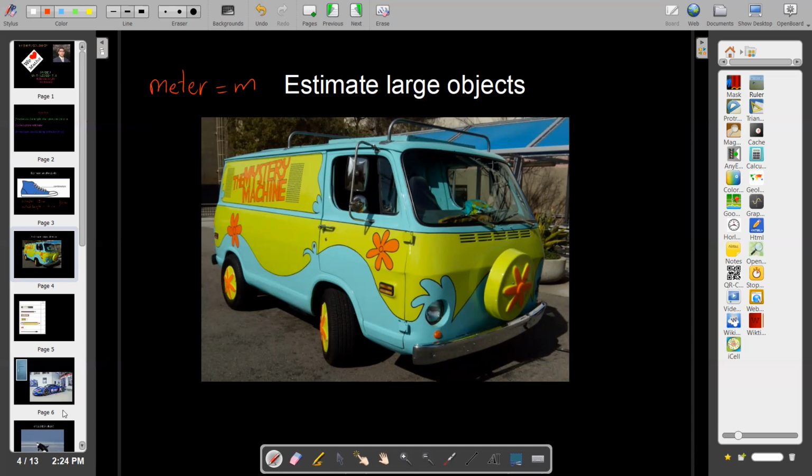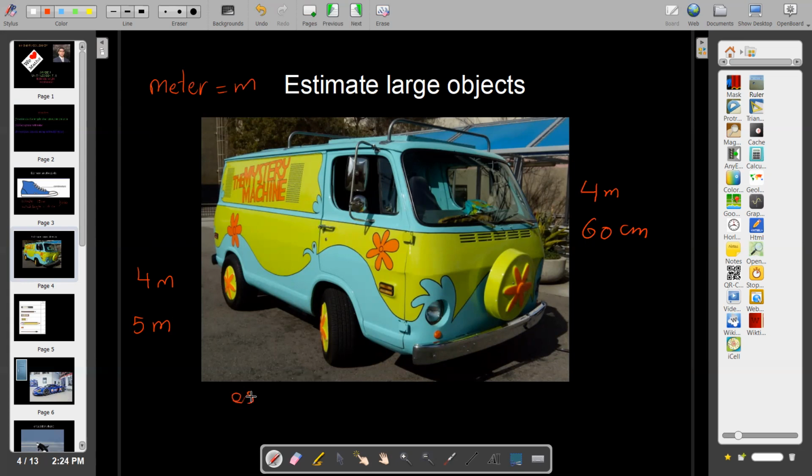So I can say it is 4 meters, or I can say it is about 5 meters. And this is the real length of this car. In fact, it is 4 meters and 60 centimeters. So my estimate of 4 or 5 will be a good estimate.